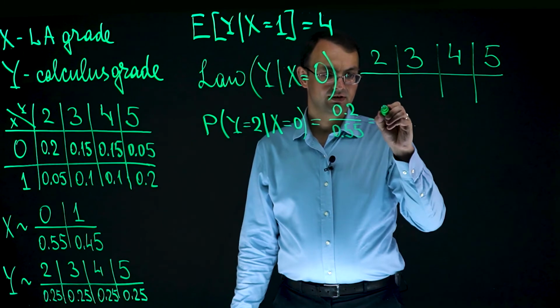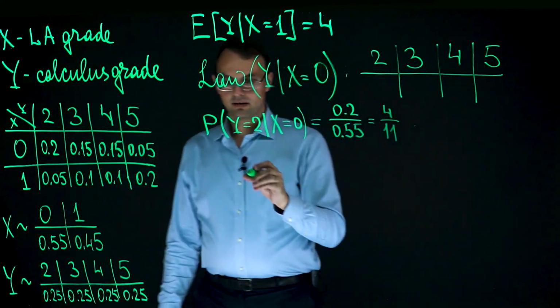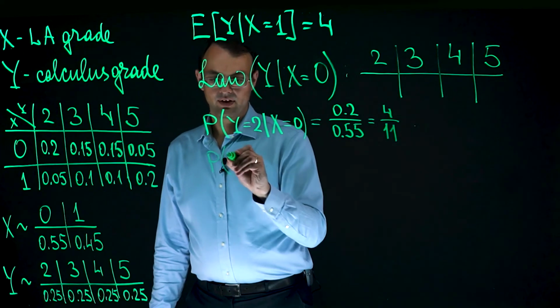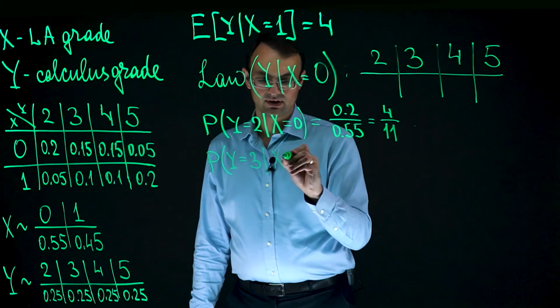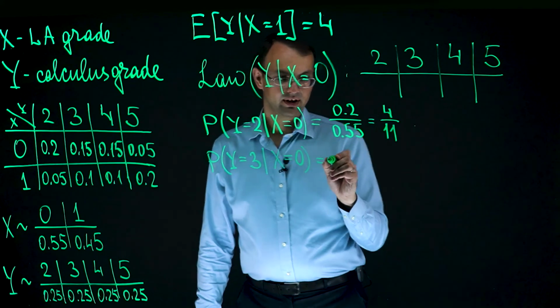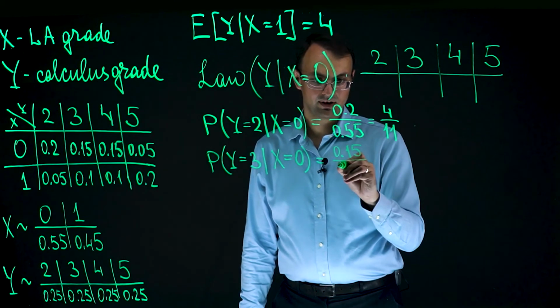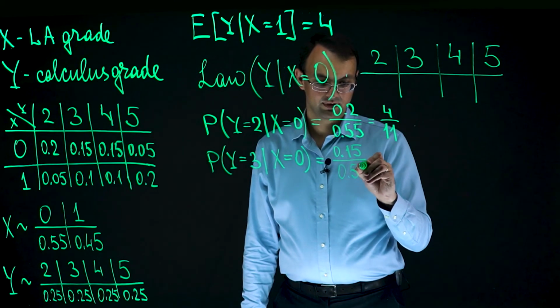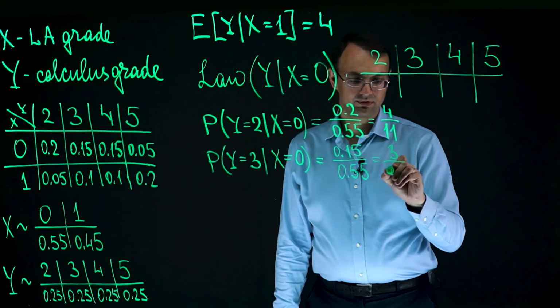And this is 4 over 11. Then the probability that y is 3 given x is 0 is 0.15 divided by 0.55. That is 3 over 11.